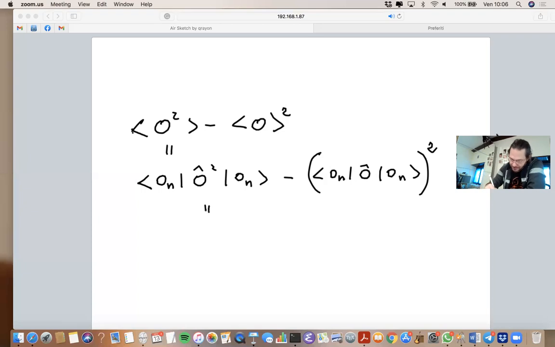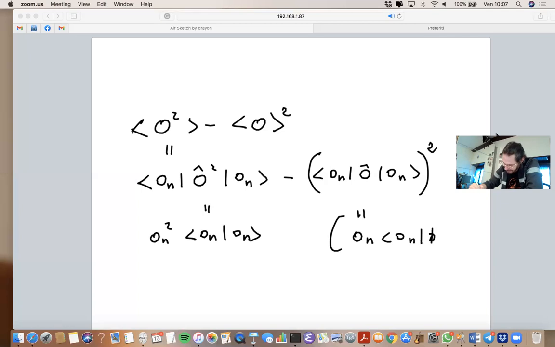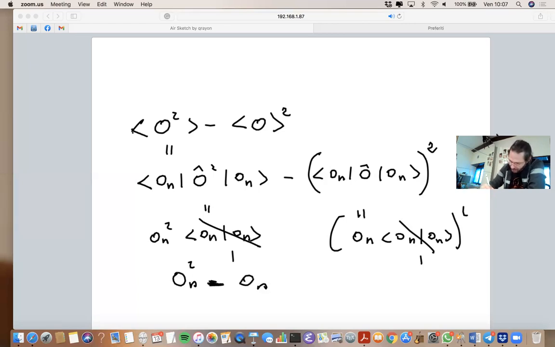So this will be ON square, ON, ON, and this will be ON, ON, ON square. Now this is going to be 1, this is going to be 1, and all I'm telling you is ON square minus ON square equals 0. So what did we get?